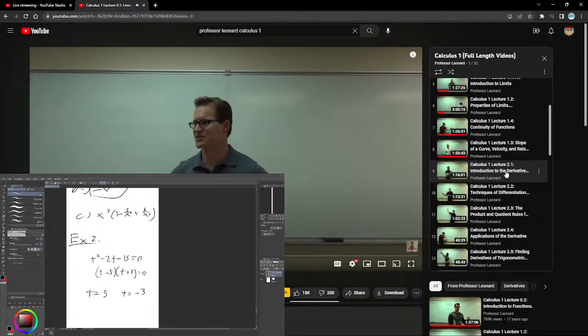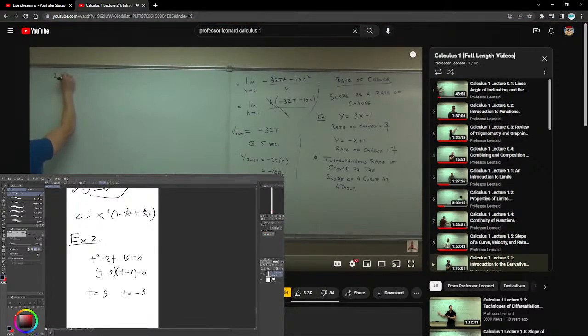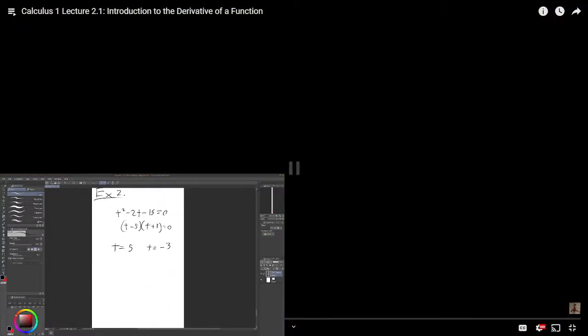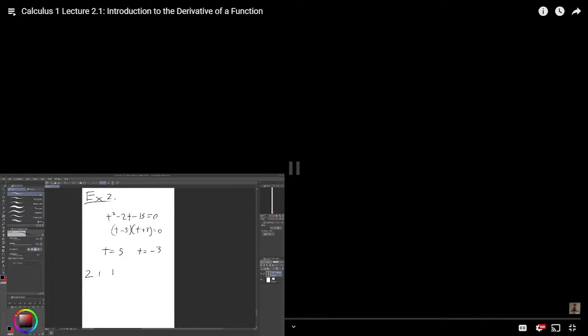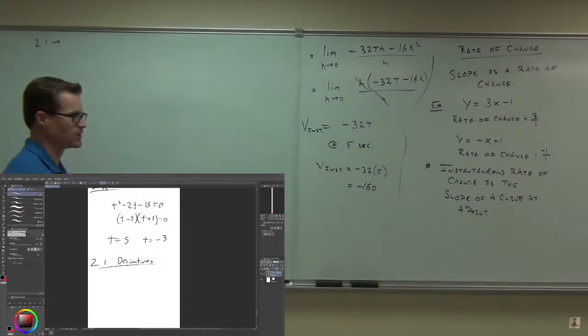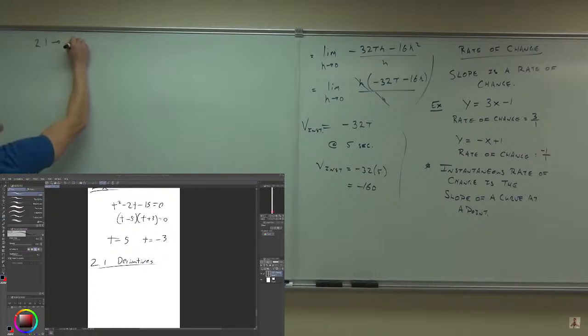Well, welcome to the section 2.1, which is called the derivative. This is what we want to see. An ominous sounding title.